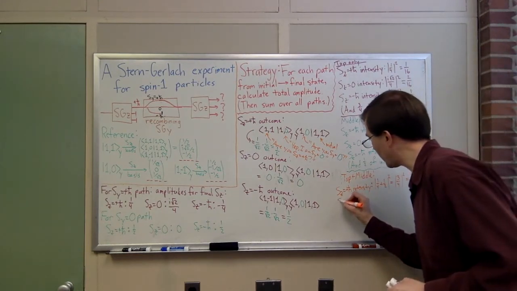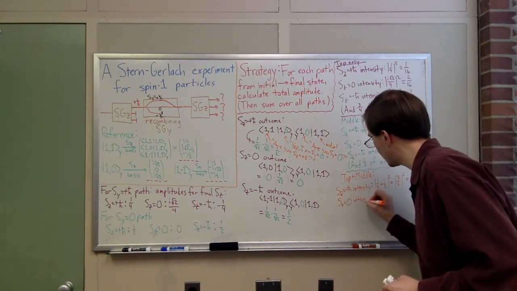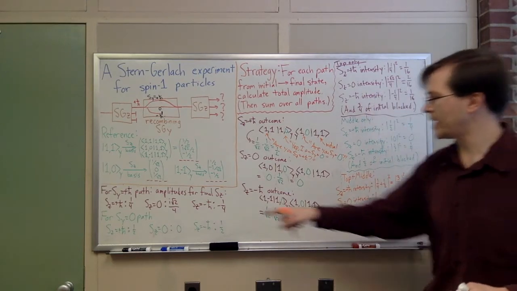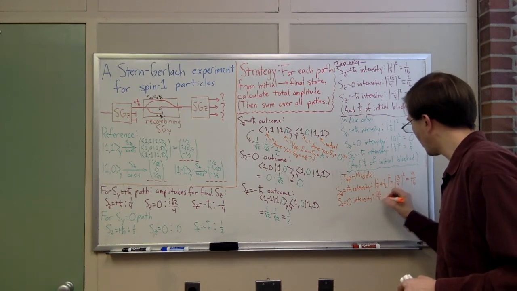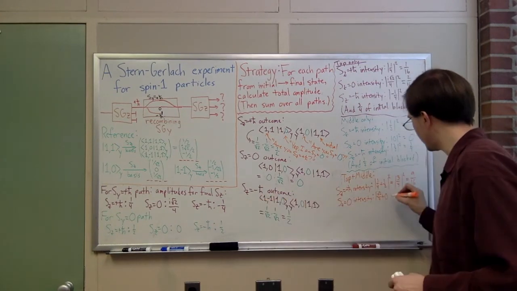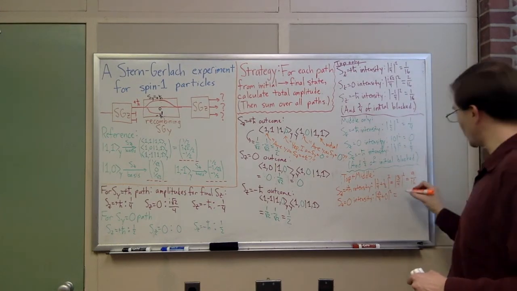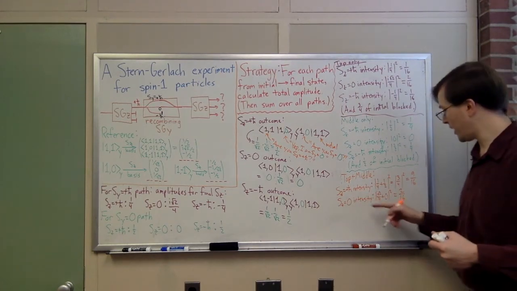Next, I can say, what is my SZ equals 0 intensity? And there, my first state gave me a square root of 2 over 4, plus 0 for the second one, absolute square. That's just what it was in the first case, right? It's going to be 2/16. That works, okay, 2/16.